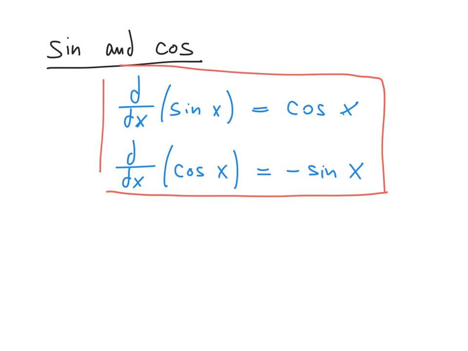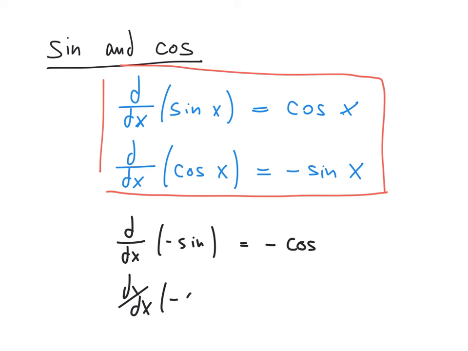And then if you differentiate minus cosine, so let me write this. d dx of minus sine, you get minus cosine by the constant multiple rule. And now if we differentiate d dx of minus cosine, that would be minus the derivative of cosine, which is minus minus sine, which is just sine.